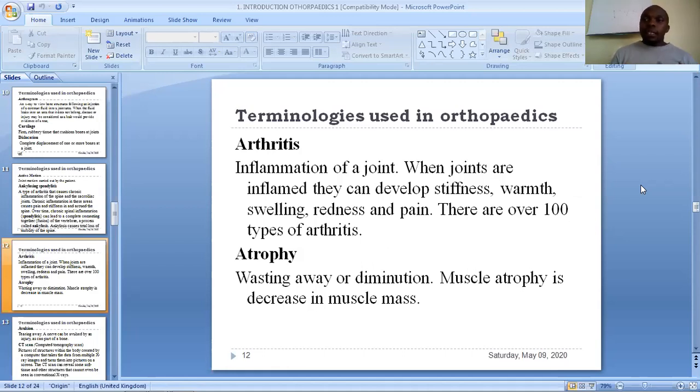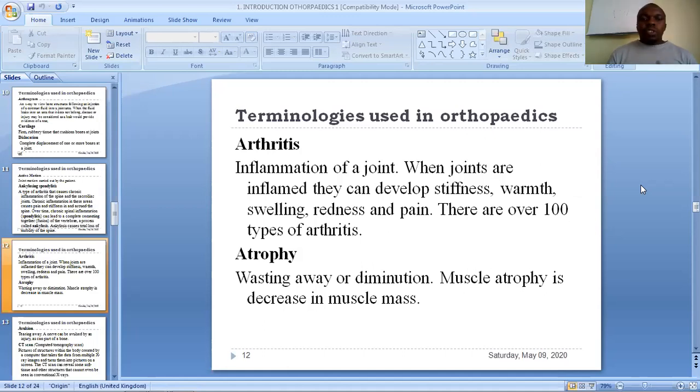There can be swelling, redness, and pain as a result of inflammation that takes place around that part. There are over 100 types of arthritis, which you'll discuss at some point when you look specifically at the topic known as arthritis.